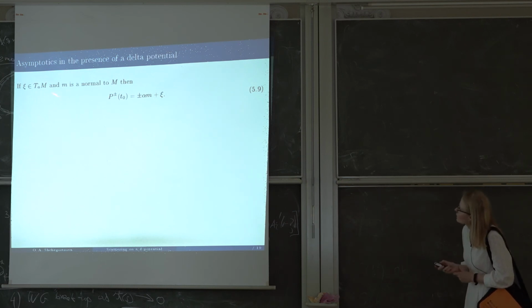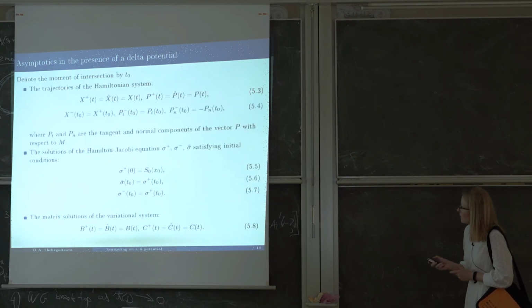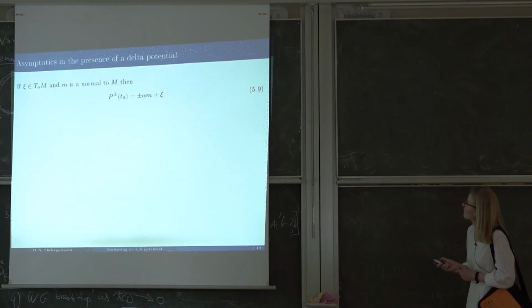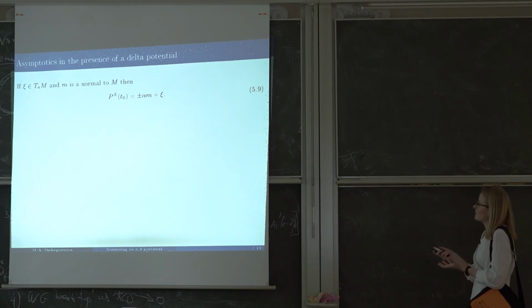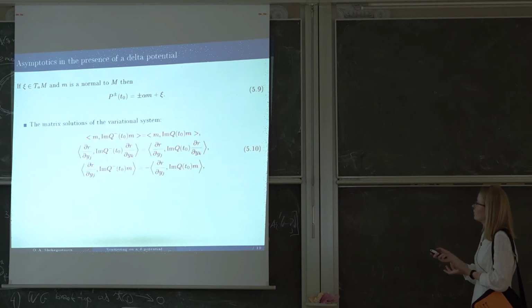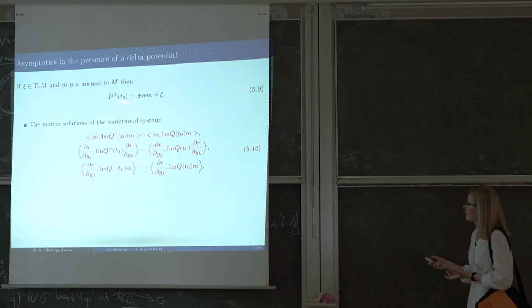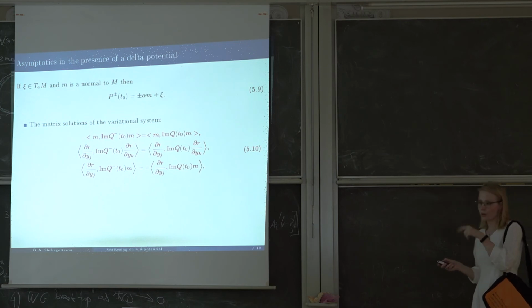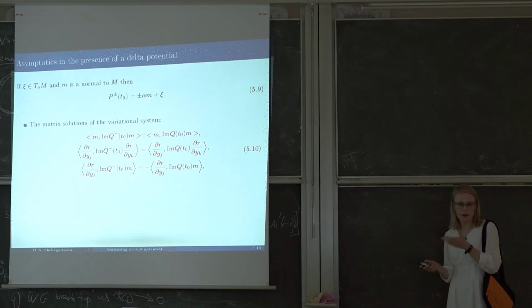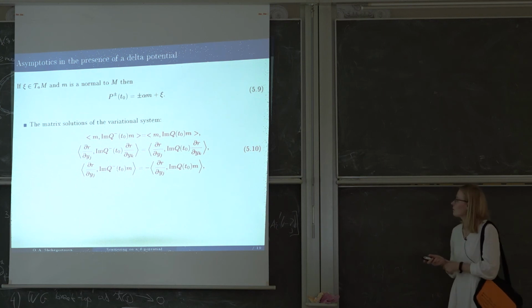The point A is this point, x of t0. If we represent the impulse in this form, we have the following conditions. I divided these conditions into two parts. One part is for the imaginary part of the matrix Q, and the other conditions are for the real part.